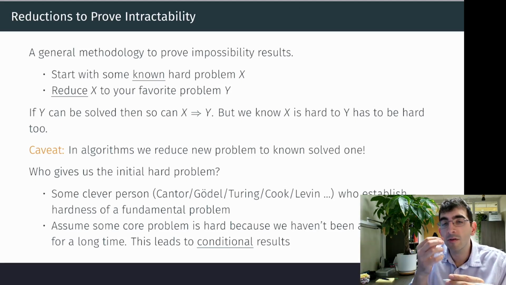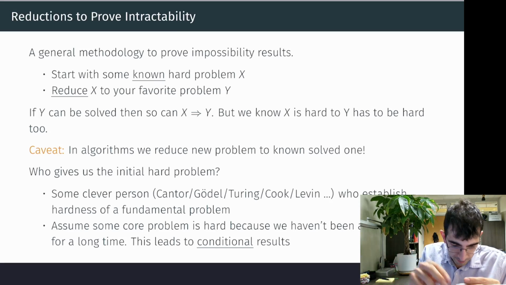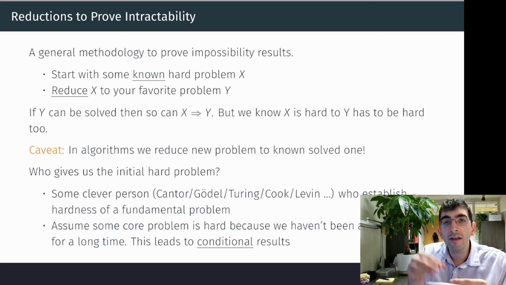Because if y was easy, then x should be easy too, since we're reducing x to y. So that's the idea behind reductions. We're going to use an initial hard problem to give us a gauge to show that this new problem that we're unsure of is also hard.